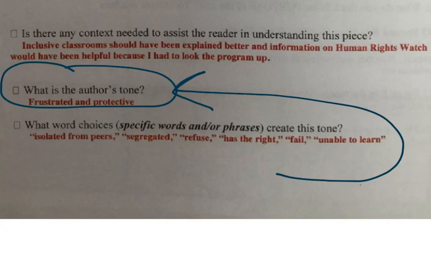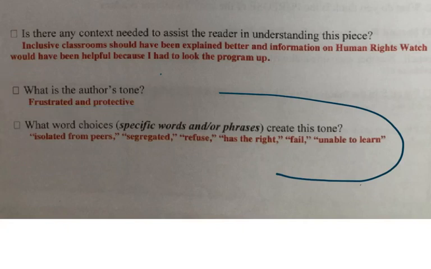Yet at the same point, I feel like the author kind of turned that tone. In the beginning, it was more frustrated, and then towards the end of the article, she became more protective of students with disabilities. So I found some words that would show that tone. So this is how I would answer these last three. If you need to pause the video to get these copied down, go ahead.